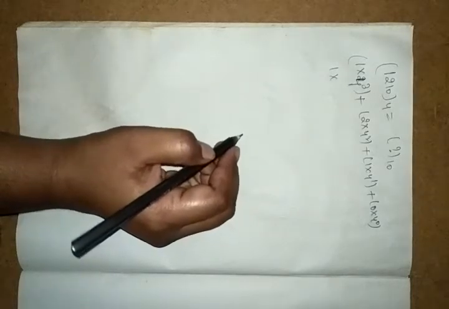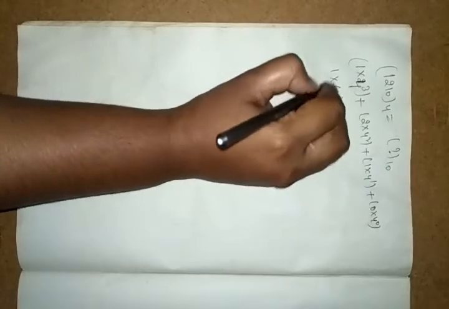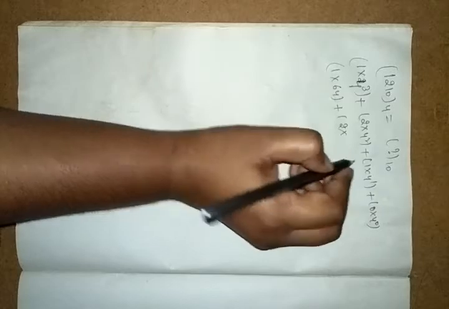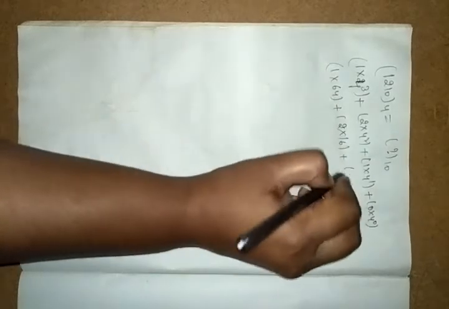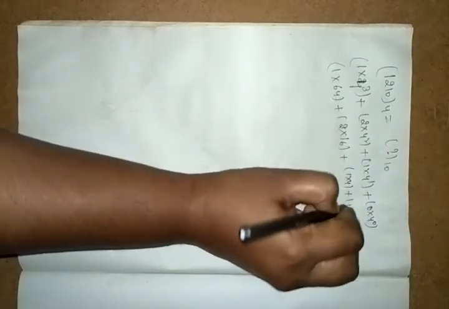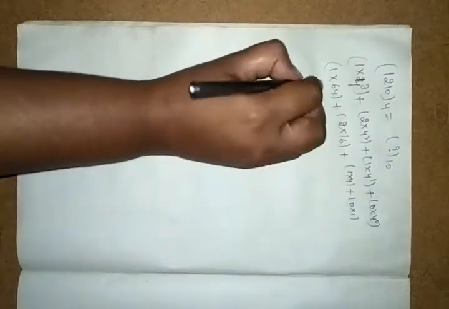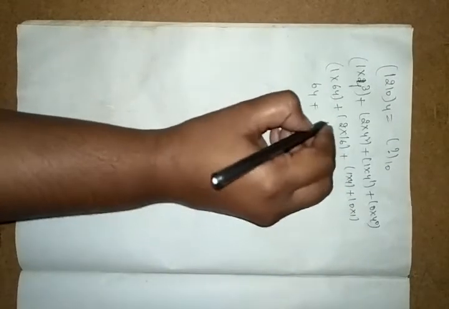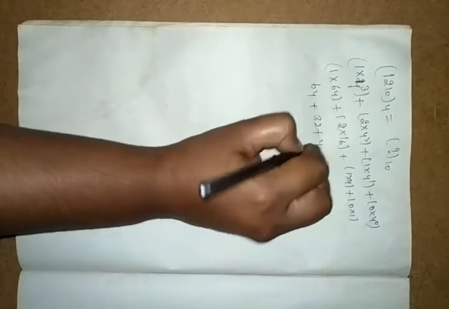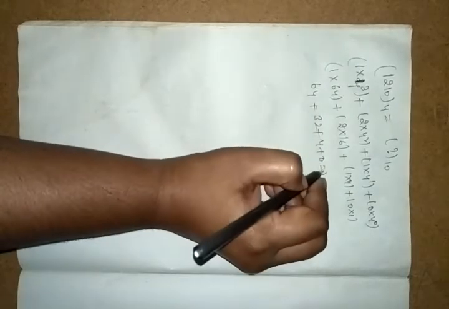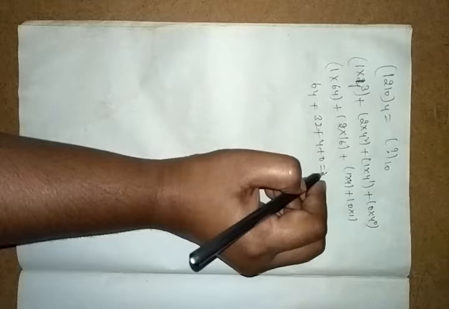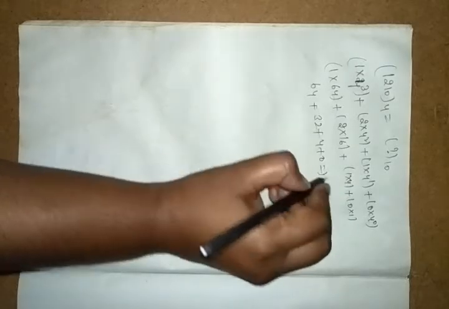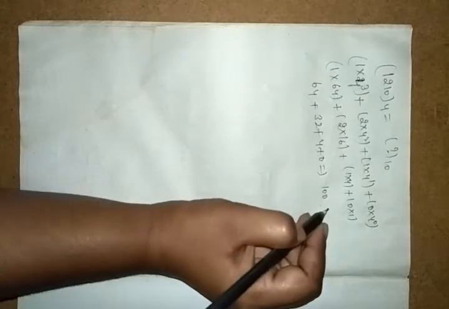4 cube means here we have 64, plus 2 into 16, plus 1 into 4, plus 0 into 1. So 64 and 32 plus 4 plus 0, we'll get directly 100.